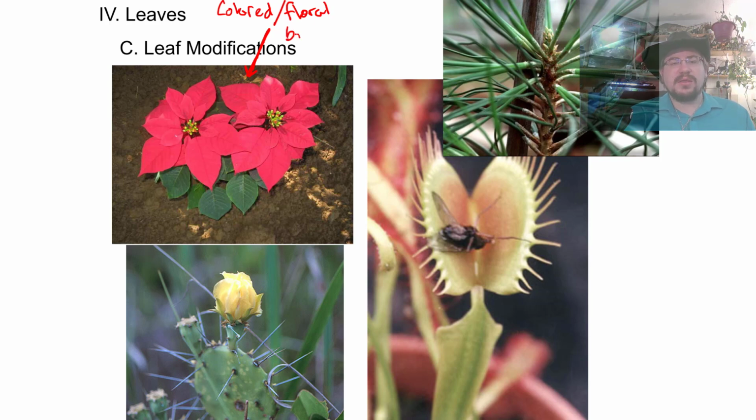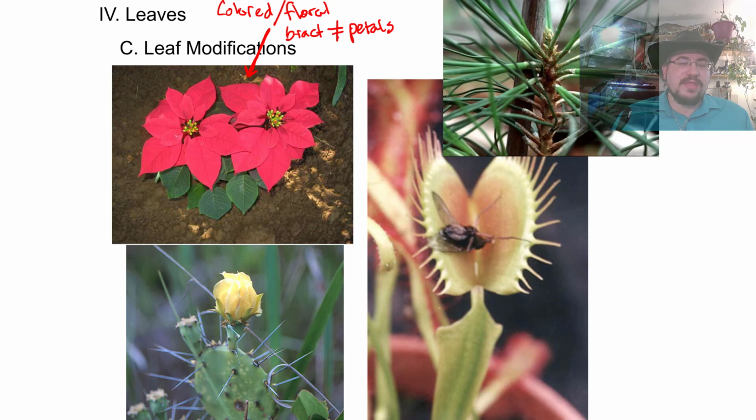So a bract is not petals. So this poinsettia here, these are full-on modified leaves that are just colored. They are not, however, flower petals. It's an important distinction. However, they sort of function similarly.